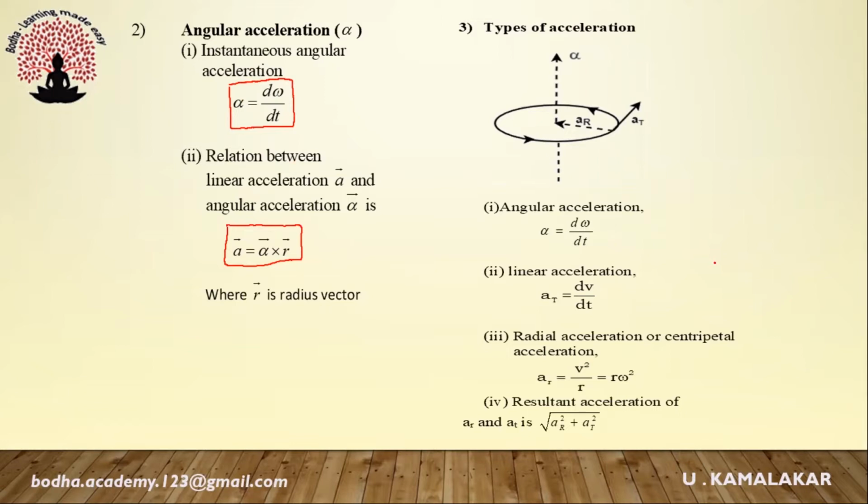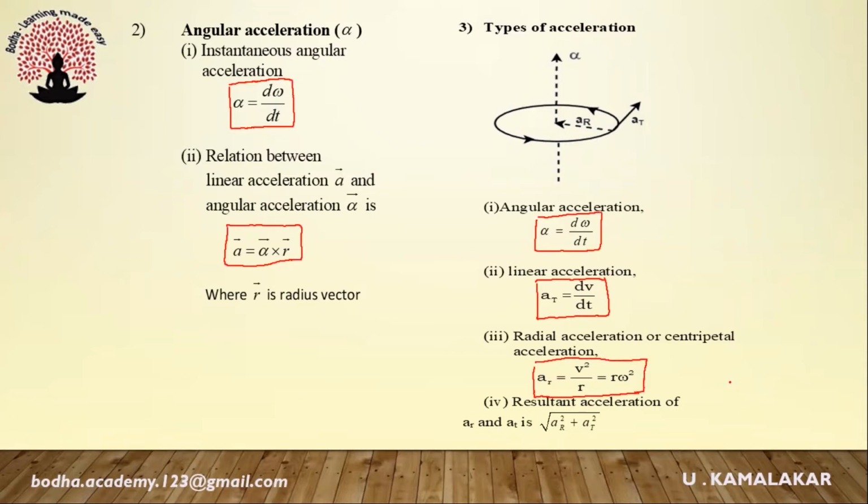Various types of accelerations which we will be discussing in circular motion are angular acceleration, which is nothing but the rate of change of angular velocity; linear acceleration or tangential acceleration, which is nothing but the rate of change of linear velocity; centripetal acceleration or radial acceleration, which is given as a equals v square by r, that's also equal to r omega square.